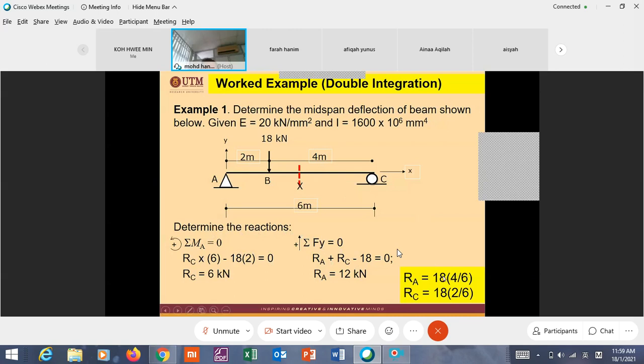But if you use this equation, it is very short. When you become an engineer, you must use this equation, unless there is another loading. If there is a second or third loading, you cannot use this equation. If you have only one loading, you can use this equation.